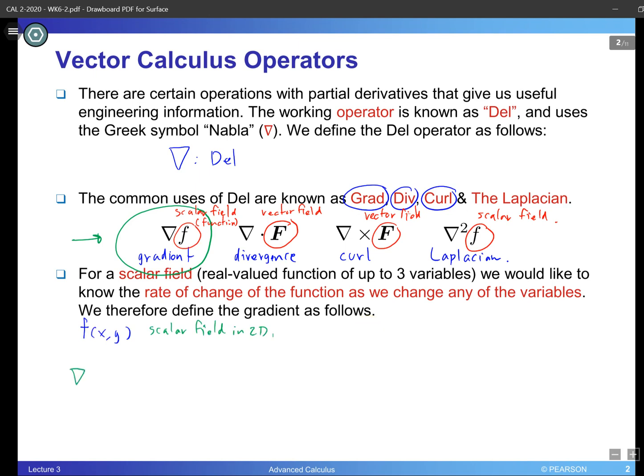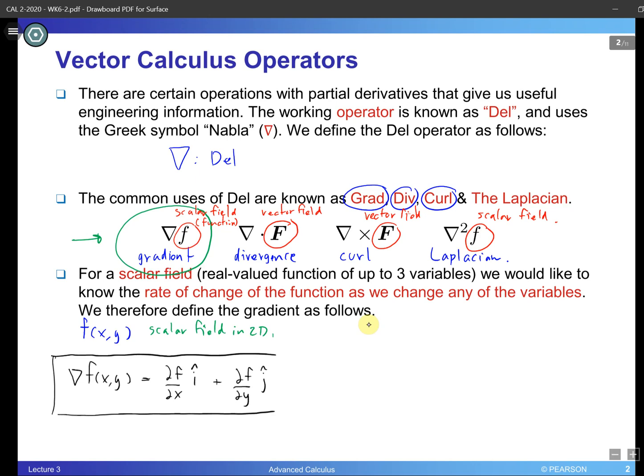Gradient of f is going to be equal to the partial derivative of f with respect to x, and that is the first component, i, plus the partial derivative of f with respect to y, and that is the j component. So let's make a box around this. We only have one formula for this gradient of f.